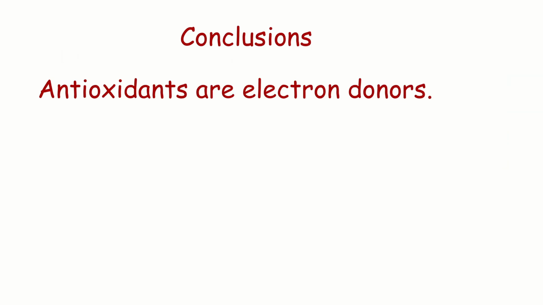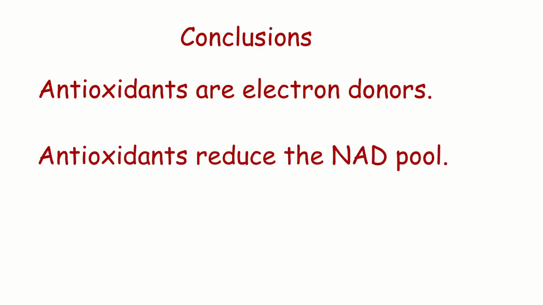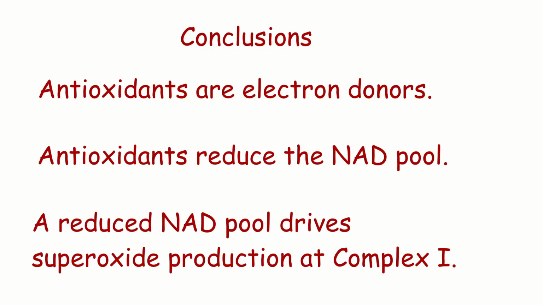And so anyway, that brings us to the end of this one. Conclusions: antioxidants are electron donors. Antioxidants reduce the NAD pool. Antioxidants convert NAD to NADH. The reduced NAD pool, where there's a lot of NADH, drives superoxide production at complex 1.